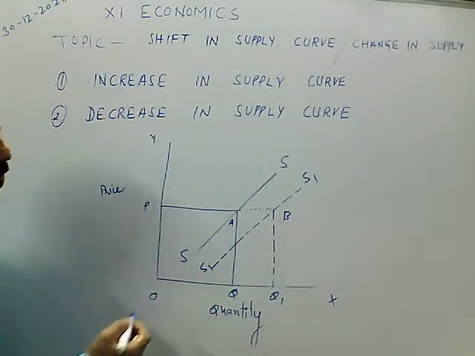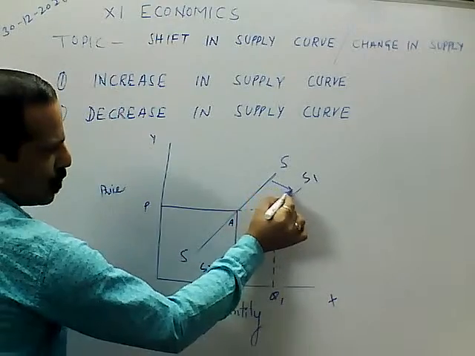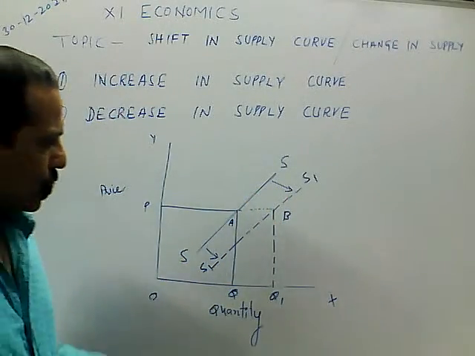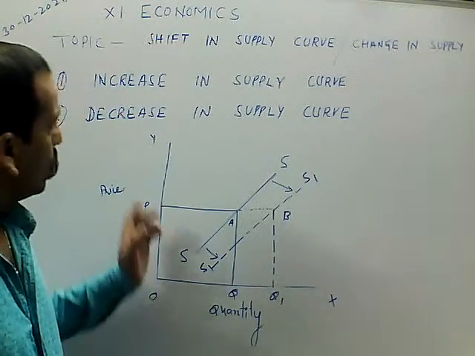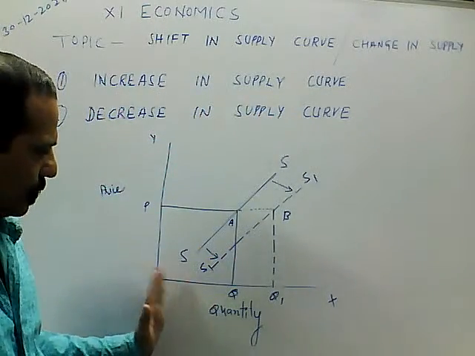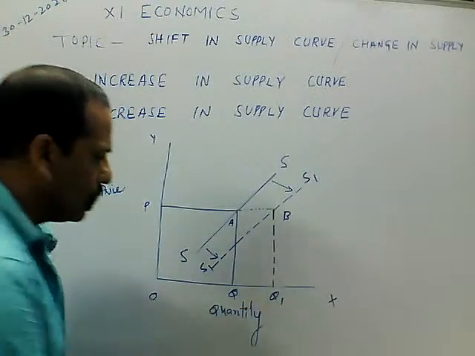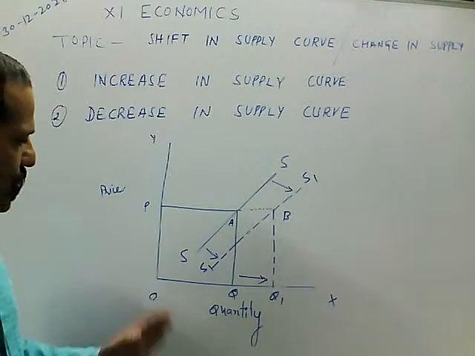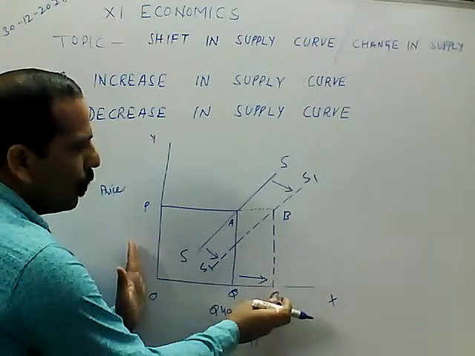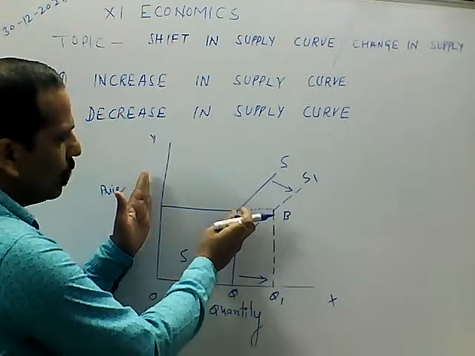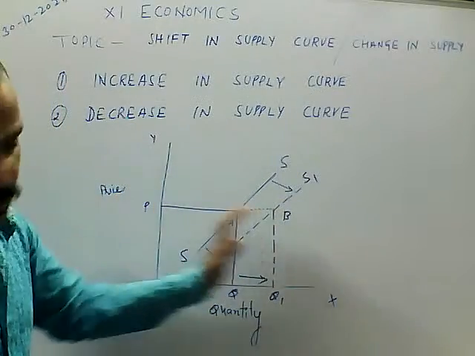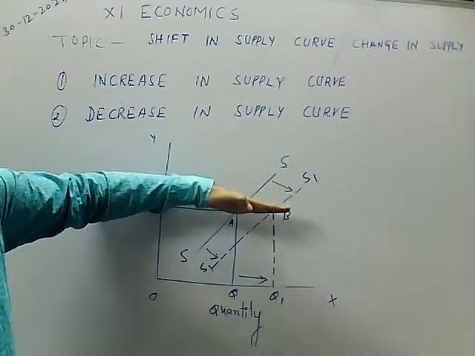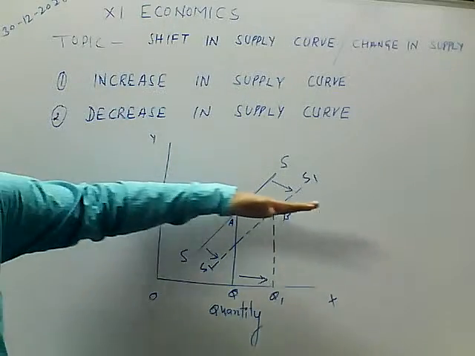See the movement from S to S1. So definitely you find an increase in the supply from OQ to OQ1. Yes or no? There is a shift or not? Yes, the shift is there from OQ to OQ1, from PA to PB. So it means increase in the supply, whereas prices remain constant, no change in the price. See, the price line is constant.